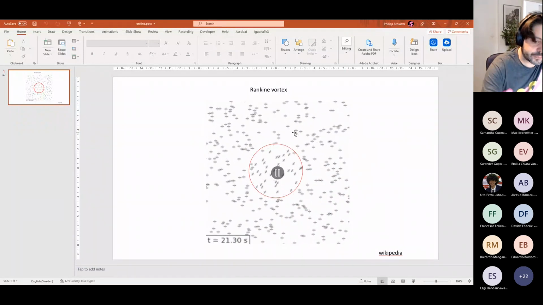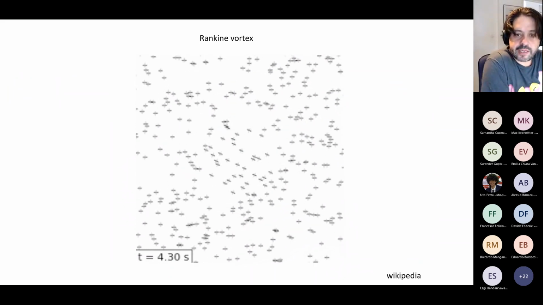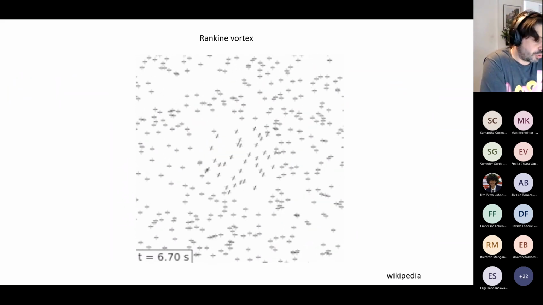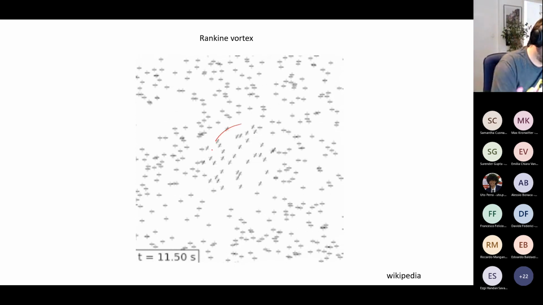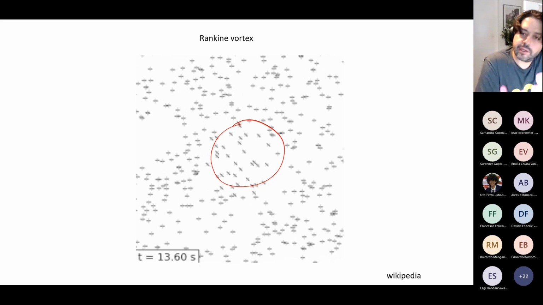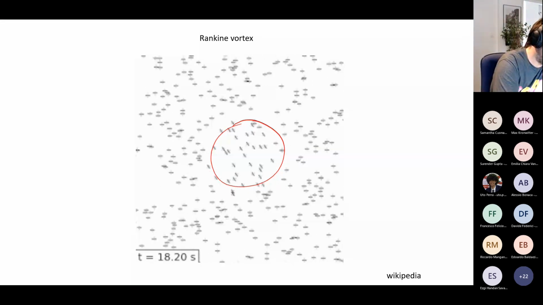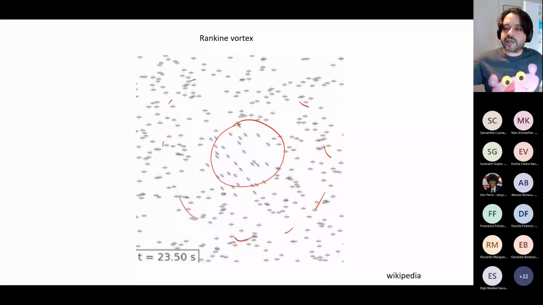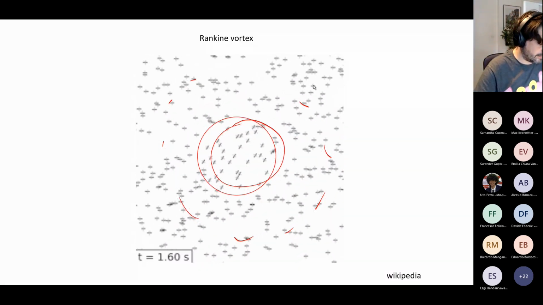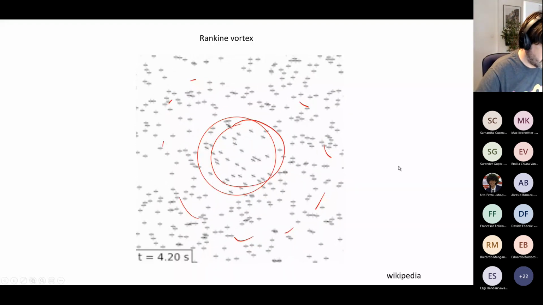This here is an illustration that I took from Wikipedia that shows how a Rankine vortex would look like. As you can see, there is certainly some inner part here that rotates like a solid body rotation, and then you have the outer part here where you clearly see that the velocity is slowly decaying further away.